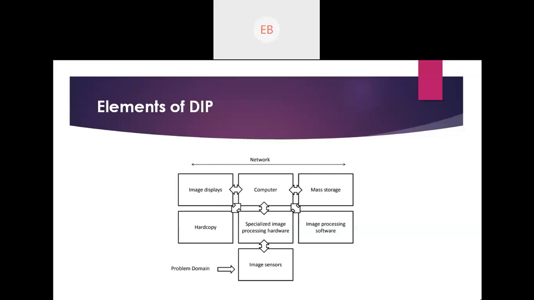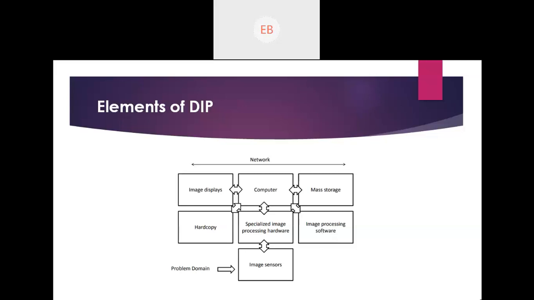Then what is image processing software? Ma'am, here we use software. There are two types where we use. One is well designed package and two is sophisticated. So you remember, right? Okay, so these are some specialized softwares which are used to perform some special tasks. Then what is mass storage capability?